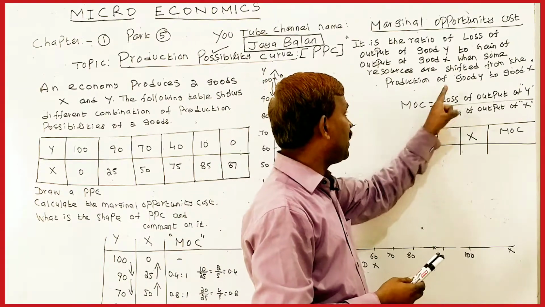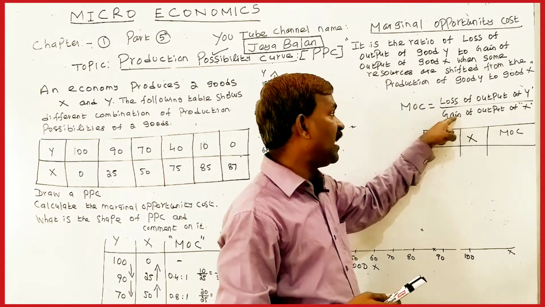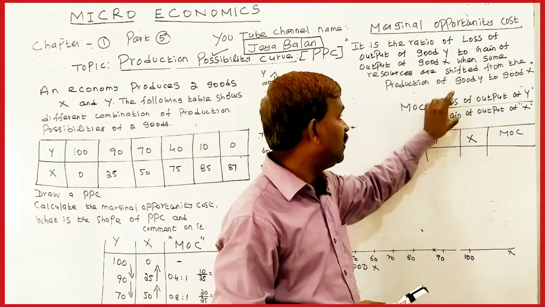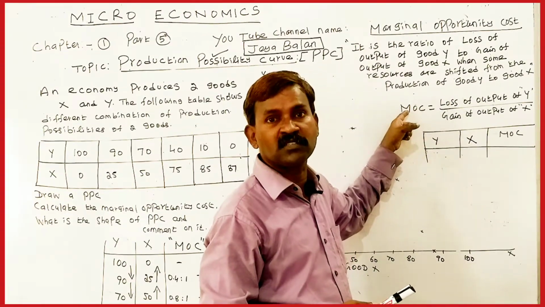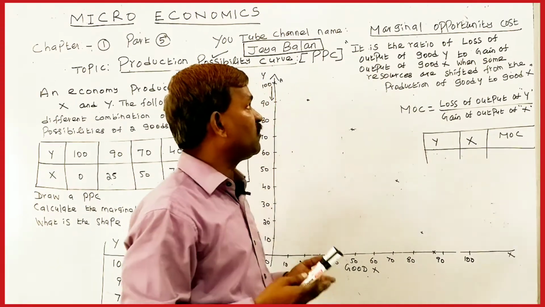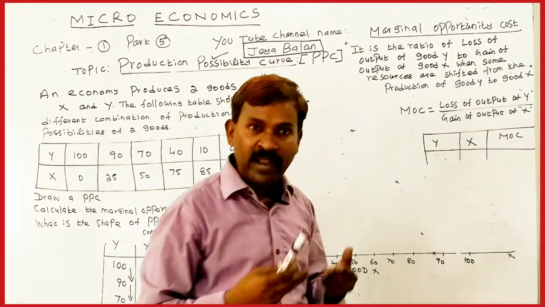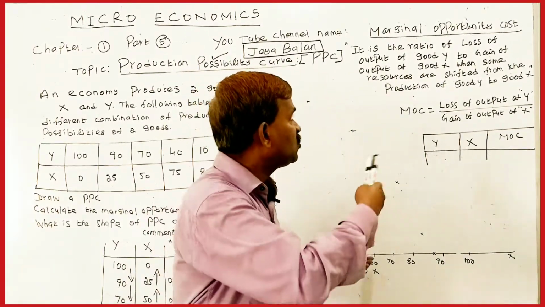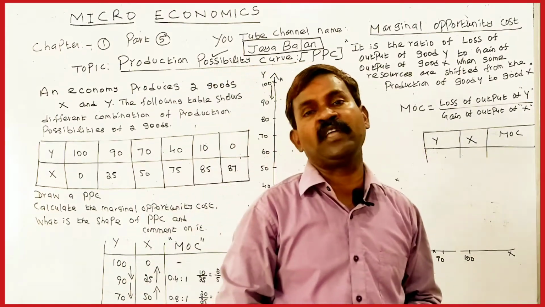So, the ratio between the loss of output of one commodity to the gain of output of another commodity is the formula for calculating marginal opportunity cost. It is the ratio of loss of output of good Y to the gain of output of good X when some resources are shifted from the production of good Y to the production of good X.